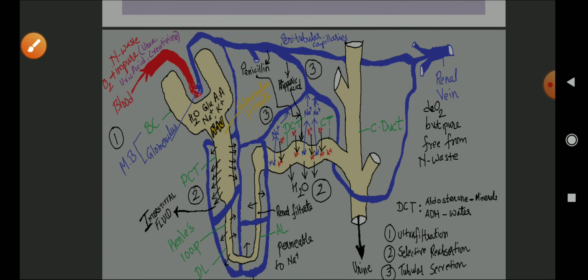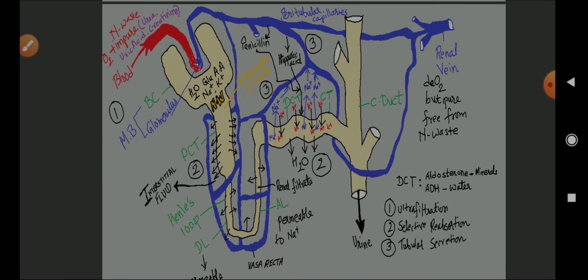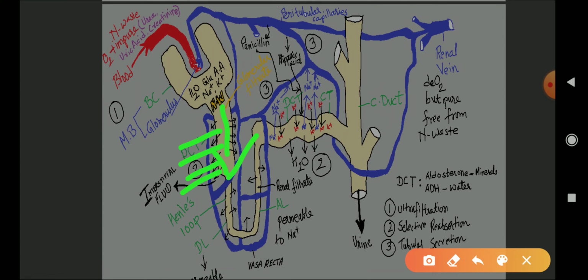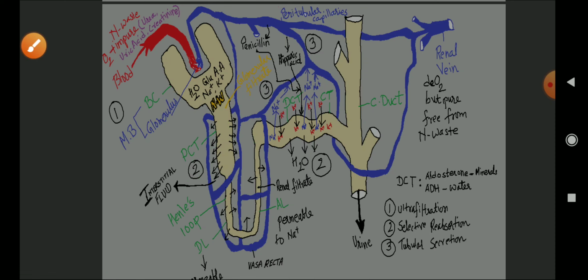Now what happens here? As the ultrafiltrate passes down the proximal convoluted tubule, the water starts coming out into the interstitial fluid, and it is then carried into the peritubular capillaries, the capillaries that I have mentioned here in blue color. And they are carried into the renal vein in order to maintain what?